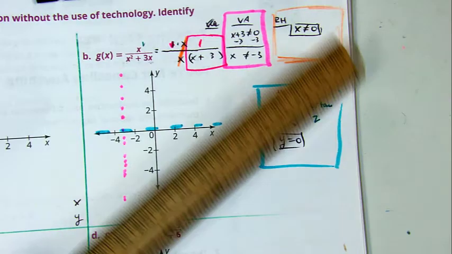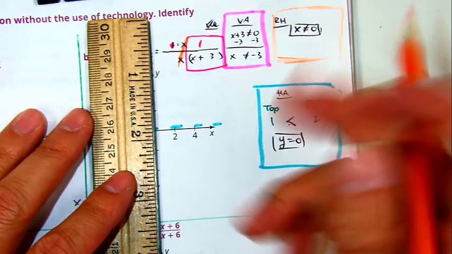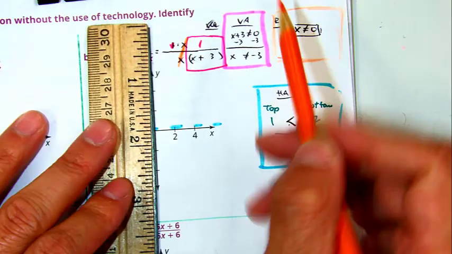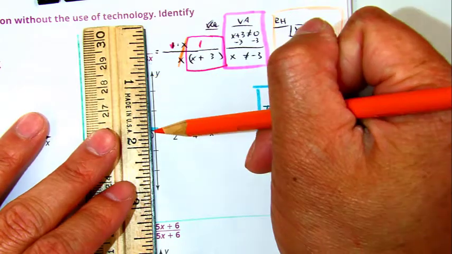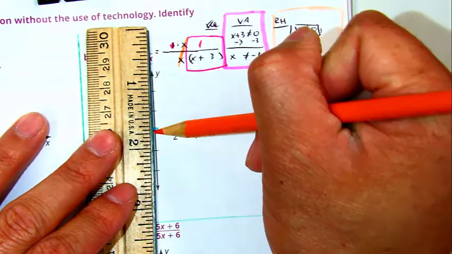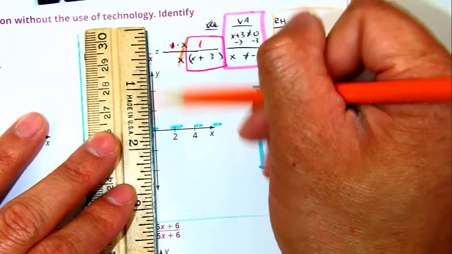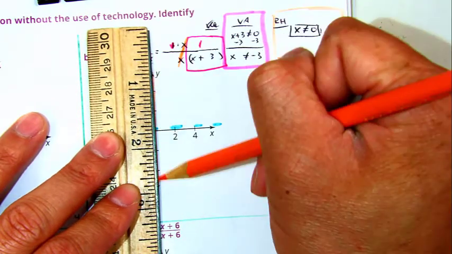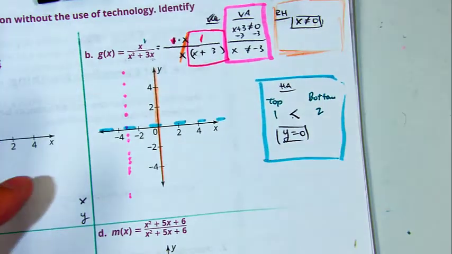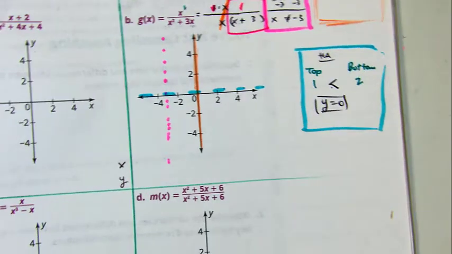And then I know that I'm going to have a removable hole here at x equals 0. So I go to 0 on the x-axis and then draw a vertical line. The hole is going to be somewhere on this line. Alright, this helps us create a table of values.